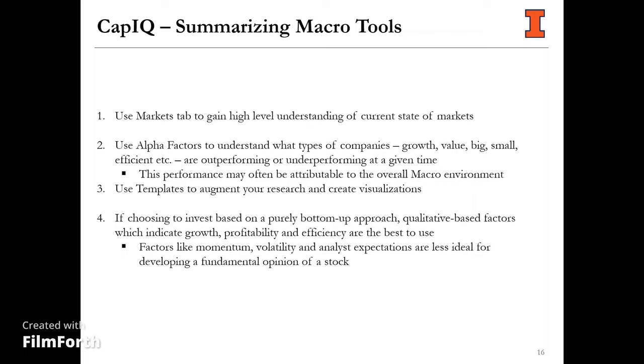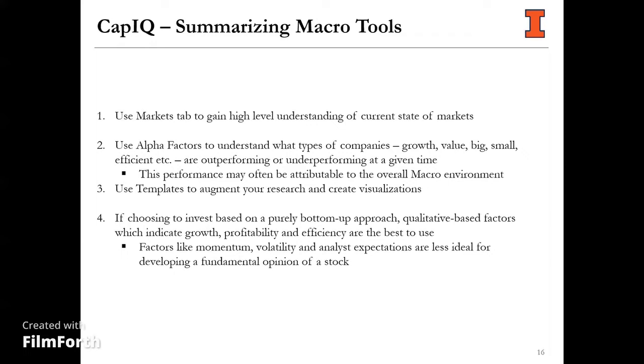And if choosing to invest based on a purely bottom-up approach, qualitative based factors that indicate growth or profitability and efficiency, those three are oftentimes the best to use. And various factors like momentum, volatility, and analyst expectations, these don't pertain as closely to a pure bottom-up investing approach.